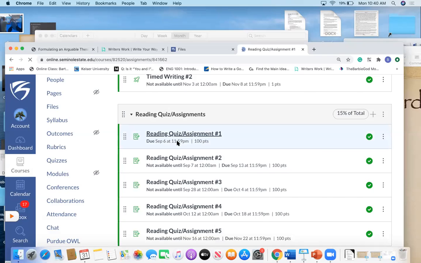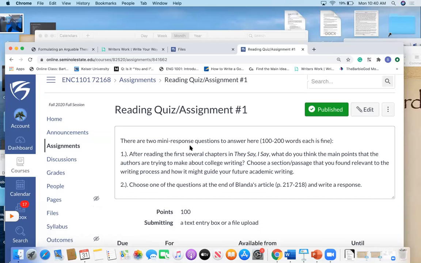Once again, it's just to take a look at the first few chapters of They Say, I Say. Just choose a passage that you find important or relevant in regards to your future academic writing. And then just read the Blanda's article. It's not that long, just 3 or 4 pages. Maybe you can pick one of the questions, or you can just write a general response. What do you think about that?